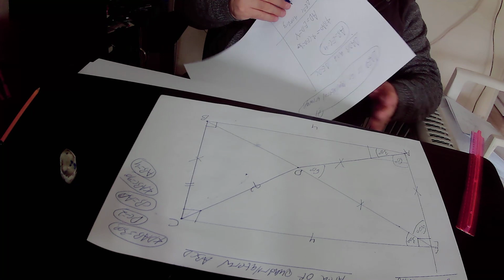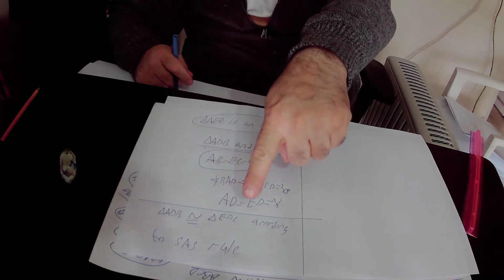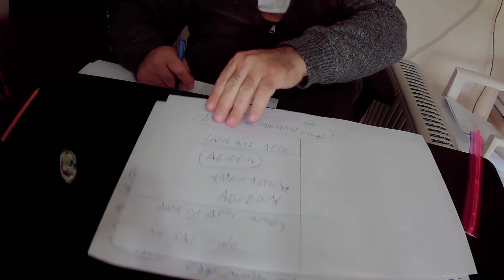I'll repeat again. To prove the triangle ADB can go into triangle EDC according to the side angle side rule.